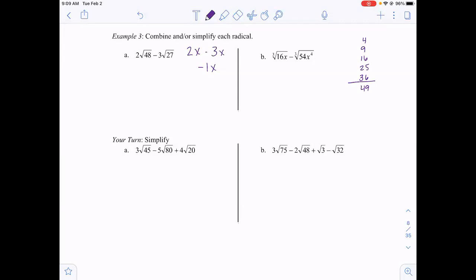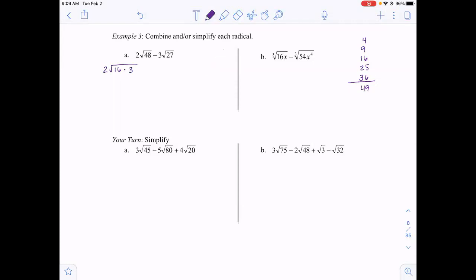And I want the biggest, because if we don't choose the biggest number it's divisible by, then we end up having to do this process again. 16. Perfect. It is 16. Okay. So I'm going to break this down. Let me erase this stuff over here. 2 on the outside. Square root of 16 times 3.